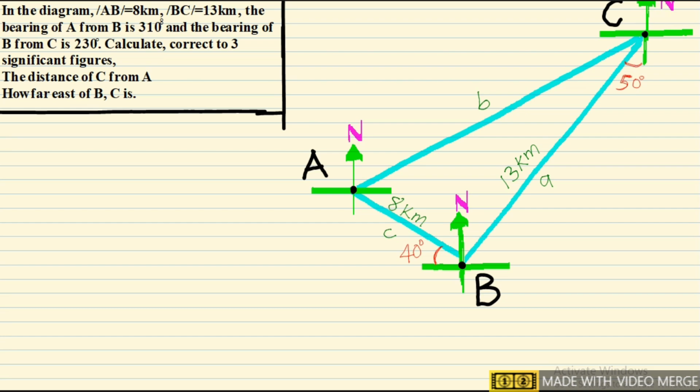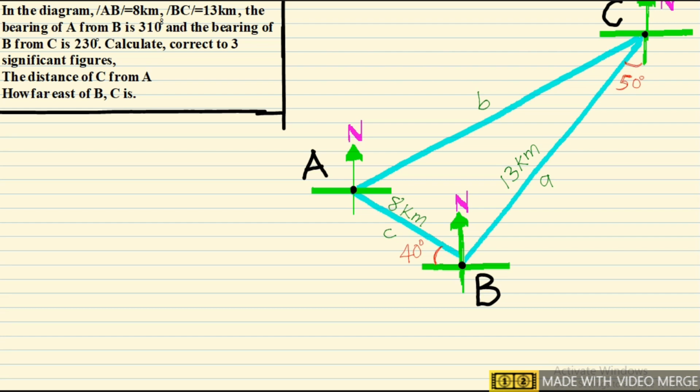Alright, we are asked to find the distance of C from A, that is small letter b, is what we're looking for. Now in any triangle, of course, like I advised earlier, you must have learned all your trigonometric tools. I call them tools, of course: cosine rule, sine rule, Pythagoras theorem, and all that.